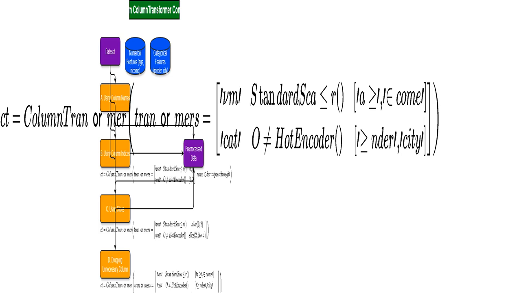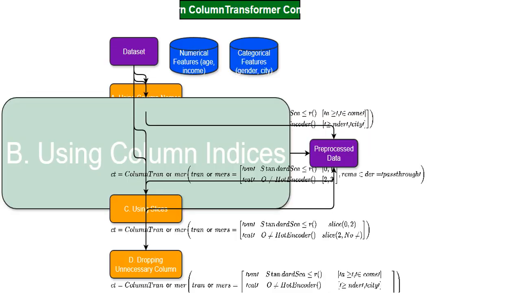Each tuple specifies a name, NUM for numerical, CAT for categorical, the transformer to apply, STANDARDSCALER or ONEHOTENCODER, and the columns to which it's applied. Instead of names, I'm using numerical column indices: 0, 1, 2, 3. This is efficient but can be less readable, especially with many columns. This tells it to leave any extra columns unchanged.